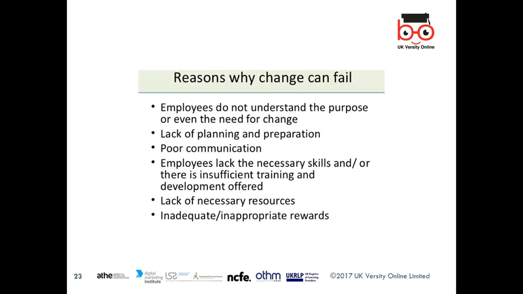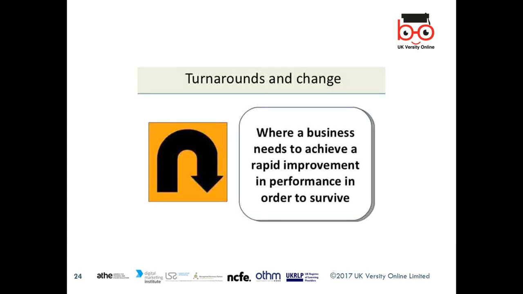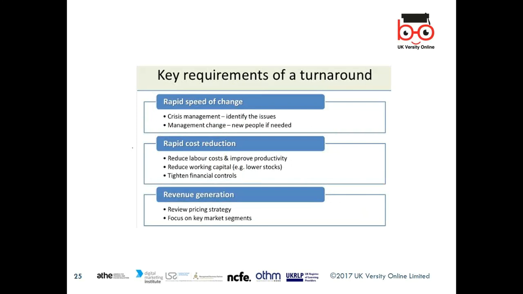Reasons why change can fail: employees don't understand the purpose, so we're not really communicating with them, lack of planning, preparation, poor communication. These are generic things we can think of about why a plan can fail. Turnaround and change is where a business needs to achieve rapid improvement in performance in order to survive.